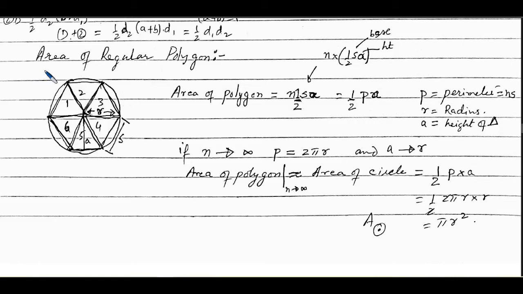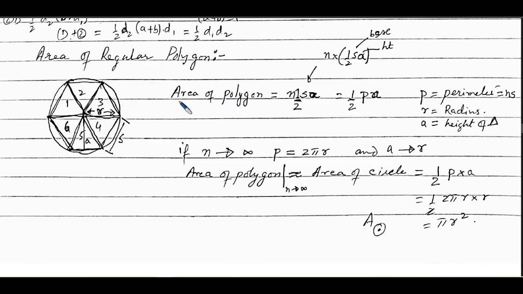So you can also obtain the area of a circle from the area of a regular polygon. You have a circle and you have drawn a polygon, but here you see it has not covered the full circle. So you make these polygons with many sides, and make this chord smaller and smaller, so almost it will fall on the circle.